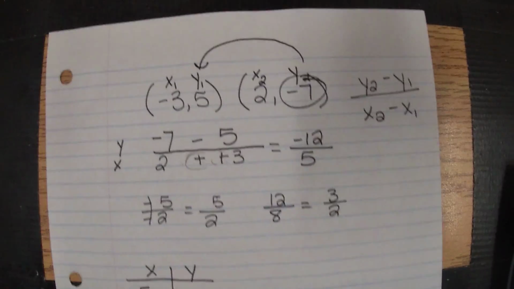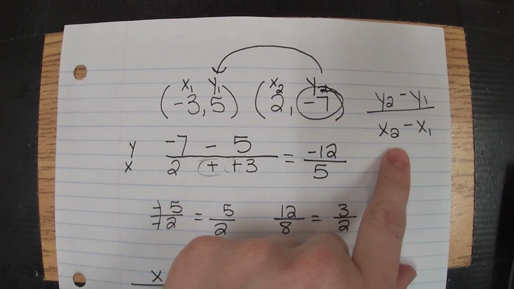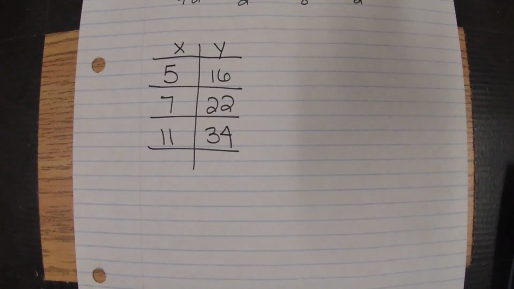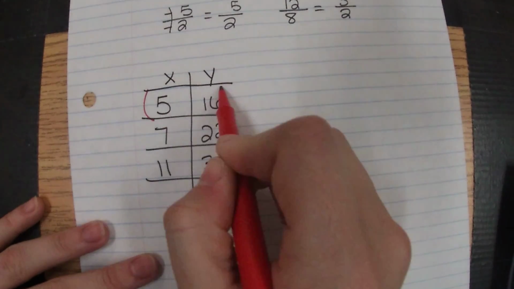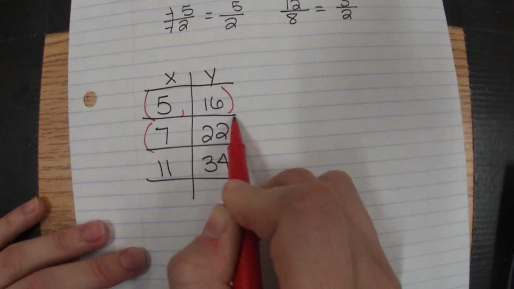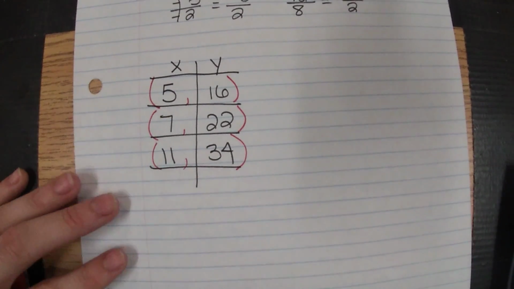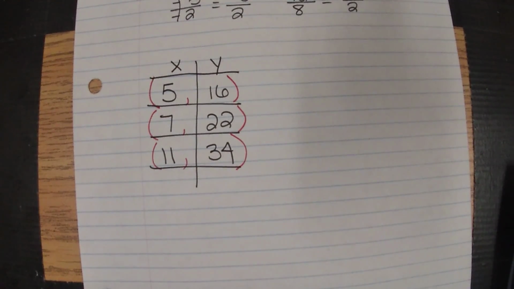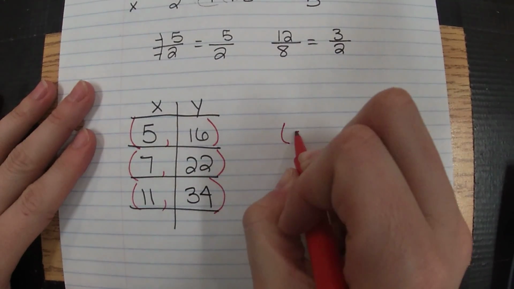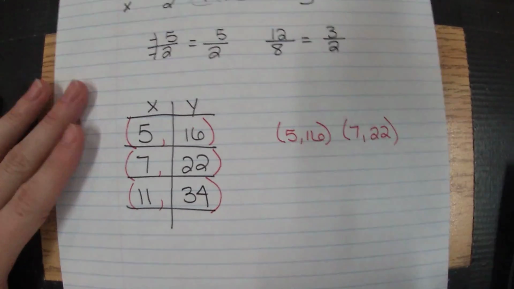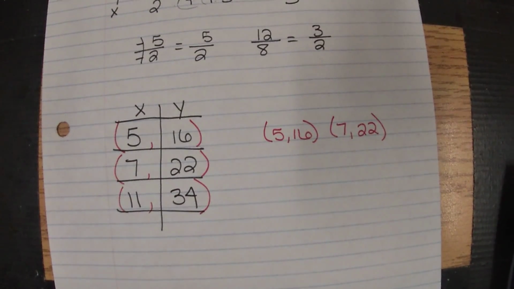We can actually just go back to this exact same concept we were doing up here and just know that in this table, we actually have 3 ordered pairs. We have an ordered pair here of 5, 16, 7, 22, and 11, 34. We just need to pull out 2 of them. So you can pull out whichever 2 make you happy, one that maybe has your favorite number. I'm gonna pick the top 2 points because right now they have smaller numbers.